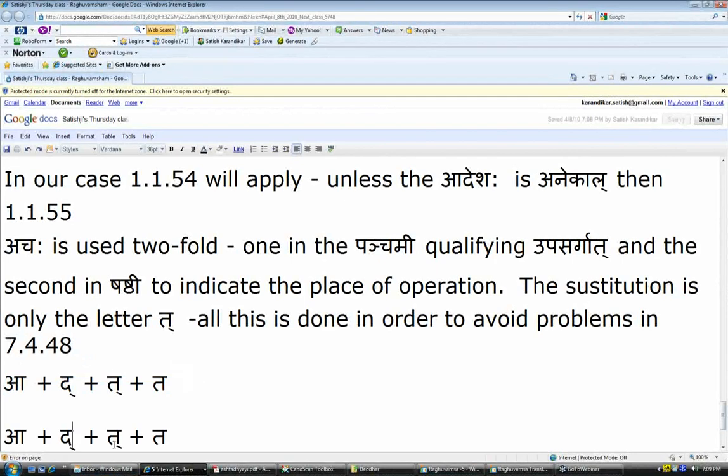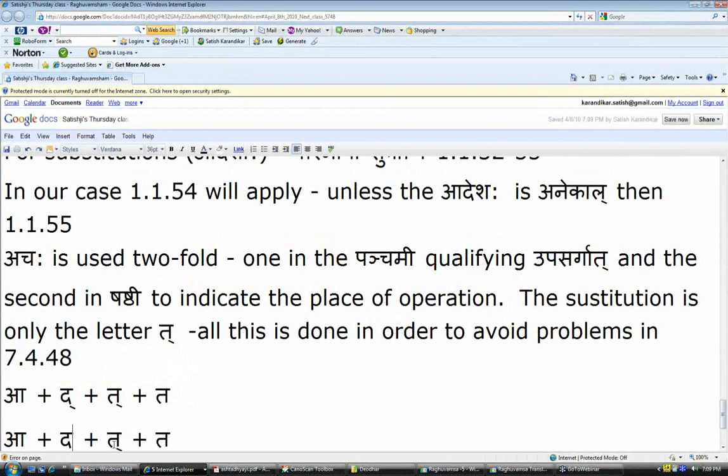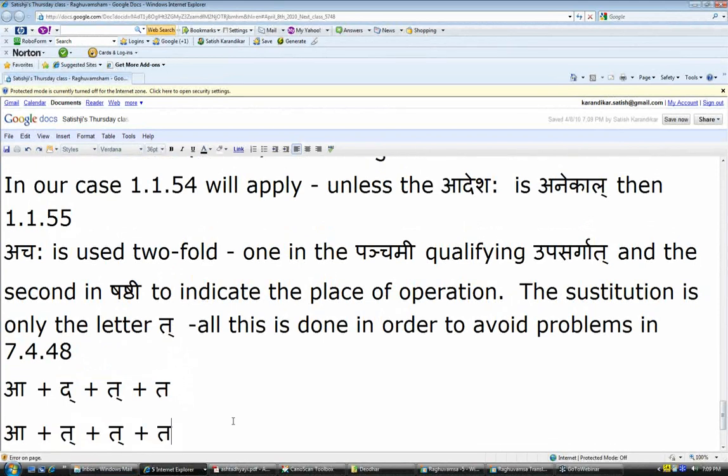So now we got ta, ta, ta. So this can be one final form, atta, with an extra takara in there, by 8.4.55.